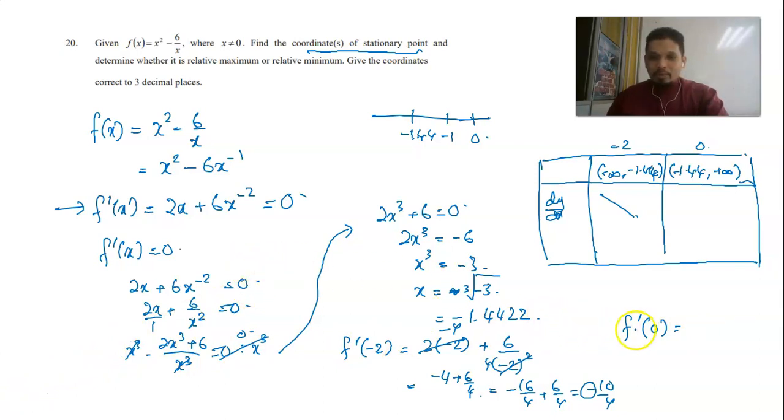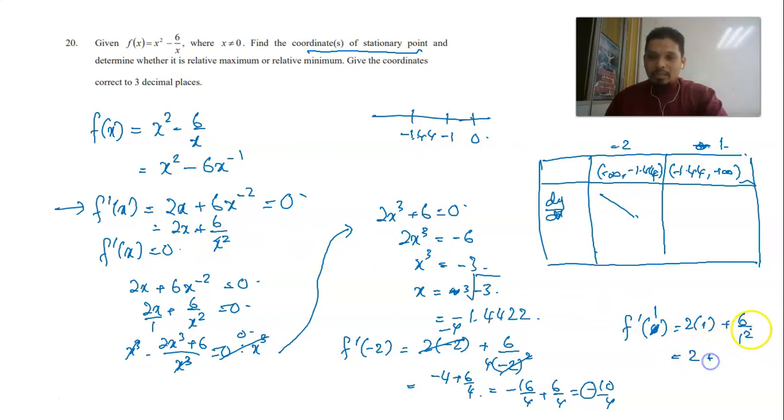Okay, class. So I'm not going to take the value of x equal to 0 for this case. The reason is, f prime x is 2x plus 6 over x squared. So when x equal to 0, the whole function is undefined. So take the value of 1 here, x equal to 1. So f prime 1 is 2 times 1 plus 6 divided by 1 squared.